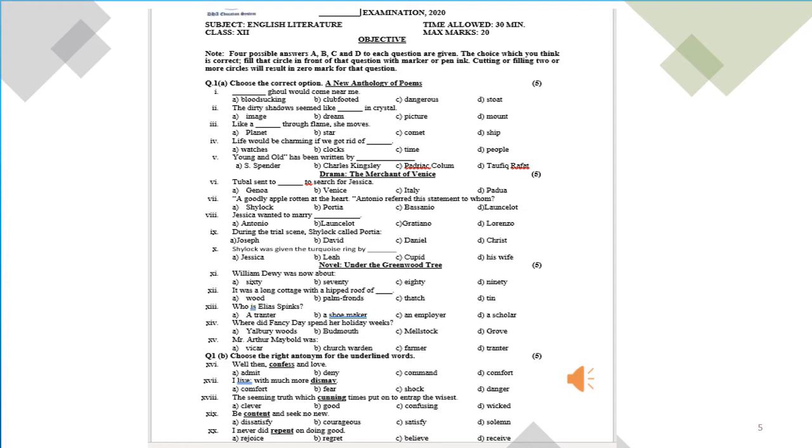Objective paper carries 20 marks, which are very easy to secure if you attempt the paper well prepared and carefully.